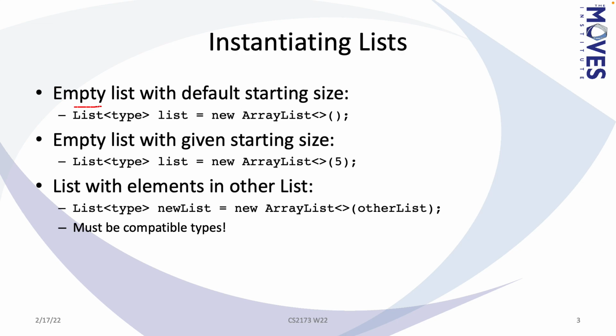Okay, the first thing I want to reinforce is the idea that if we're going to be using a list, then define the variable as a list rather than the specific type, because that gives you the maximum flexibility in your class. So it may be, for example, that you start off thinking that an array list is going to be ideal, and then through testing, you realize that a linked list would be better.